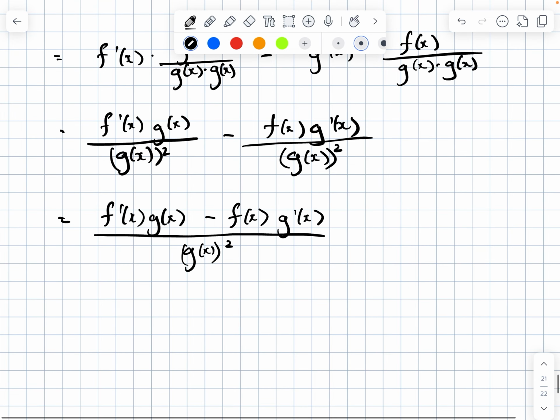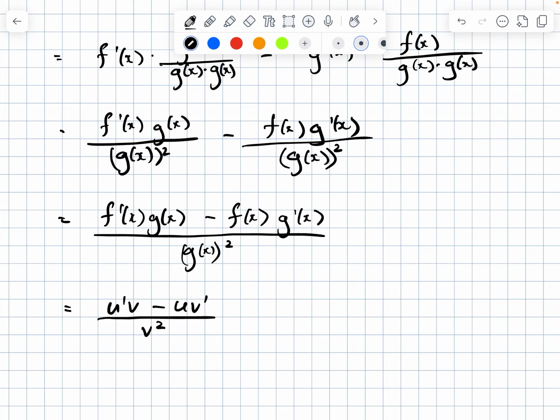If we change f to u and g to v, then we have u' v minus u v' all over v squared, which is our quotient rule.